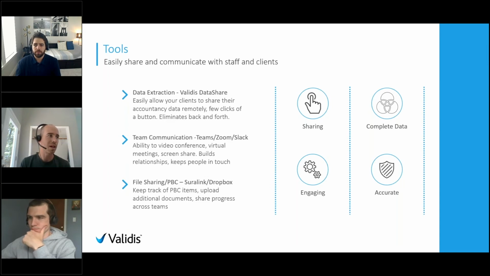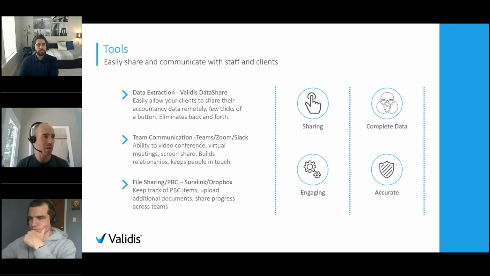And lastly, these are the 3 buckets: you must have data extraction, team communication, and some sort of file sharing tool to help you with your PBCs, whether that's something like SureLink or Dropbox. I'm sure there are others out there as well. It's going to help you keep track of your PBC items, upload additional documents, and share that progress across the team.